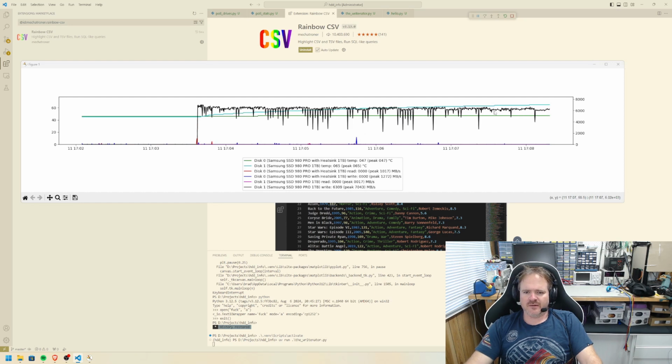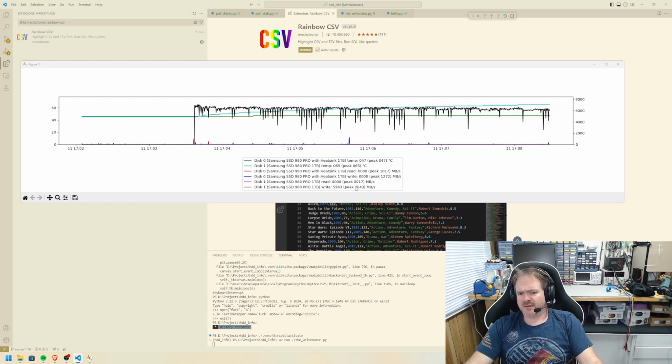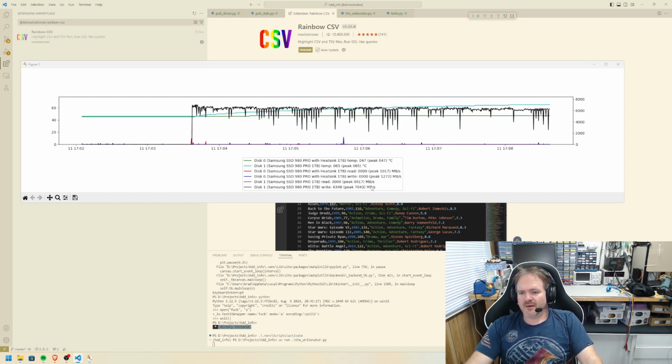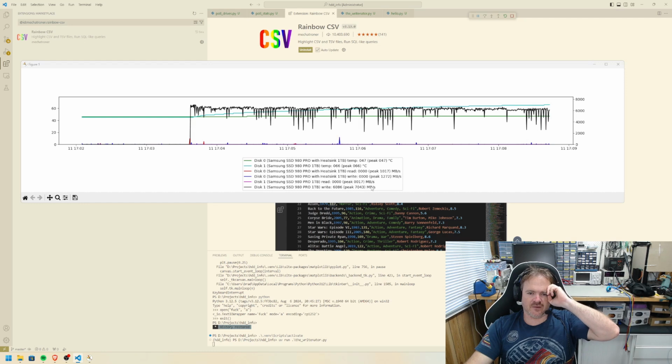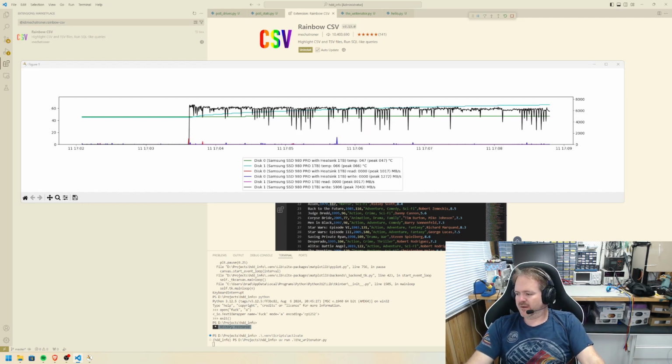It does look like it is starting to step down a little tiny bit, but generally the throughput is still around, you know, 6 gigabytes per second, which is still significant. So maybe that's bits. I should check that. Yeah, it looks like we haven't reached any thermal throttling or anything like that. So I guess I'll pause it and run it for a bit longer.